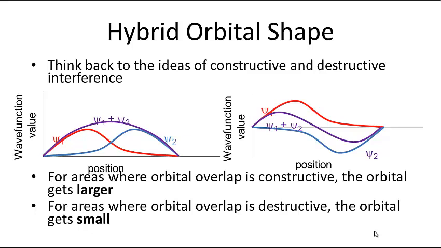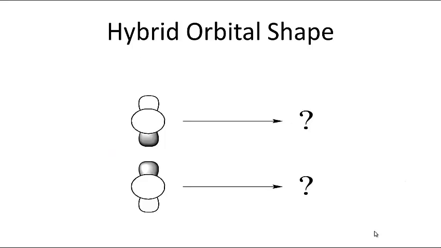Okay? So remember these two ideas, that if you have two wave functions that have the same sign, when you combine them, then where they overlap, the orbital gets bigger. And when they have opposite signs, where they overlap, the orbital will get smaller. Okay? So I'm going to start with the simplest kind of hybridization, which is sp hybridization. All right?